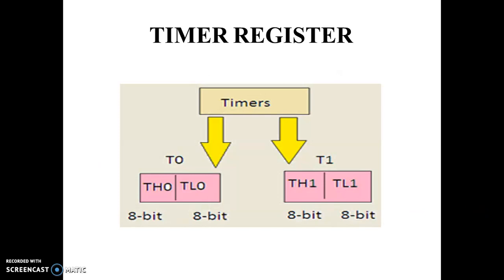Then this is the timer register, the timers T0 and T1. Here we have TL0 and TH0. TL0 indicates the lower byte, whereas TH0 indicates the higher byte. It is the same with timer 1 as well.